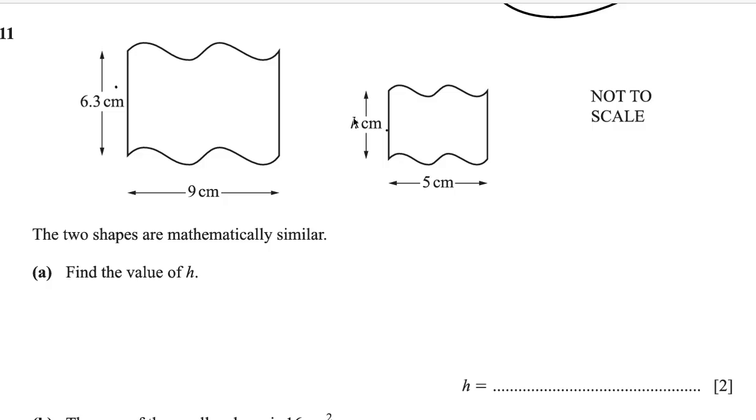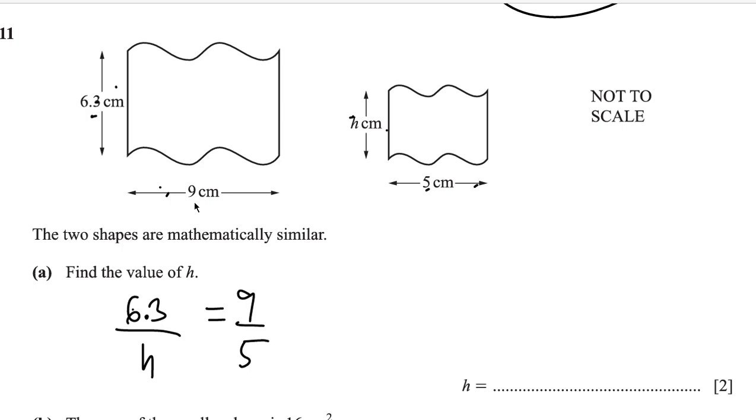So we can say 6.3 over h is equal to, comparing the height of this to the height of this, and following that same pattern, 9 for the larger, divided by 5 of the smaller.